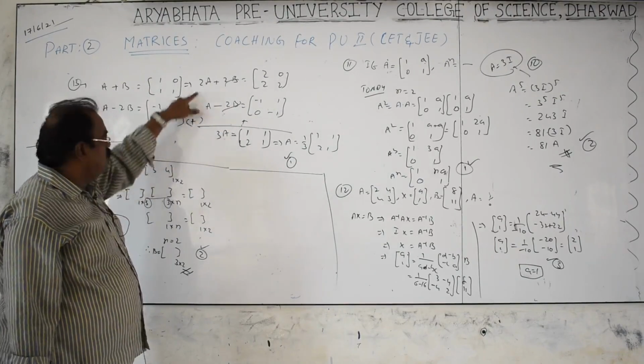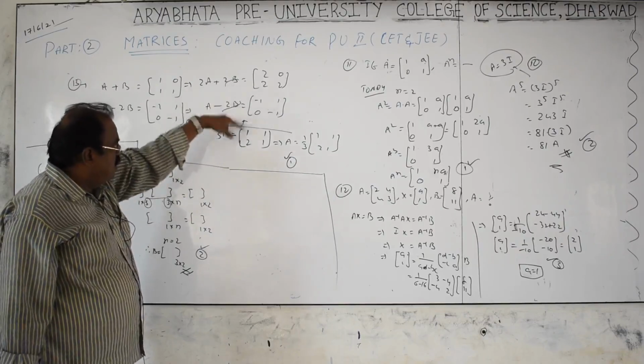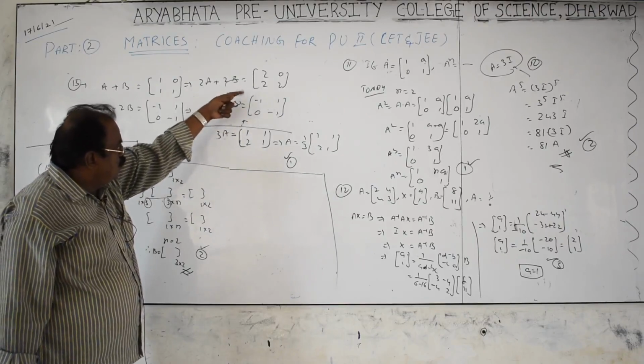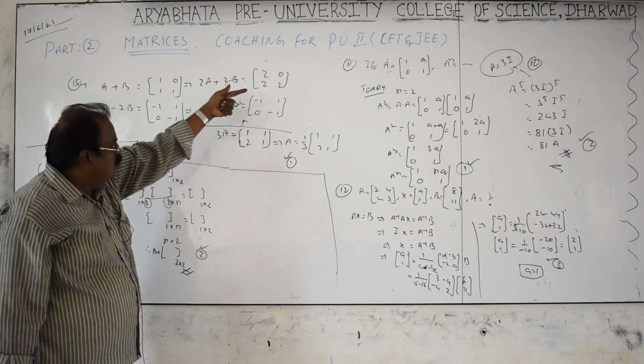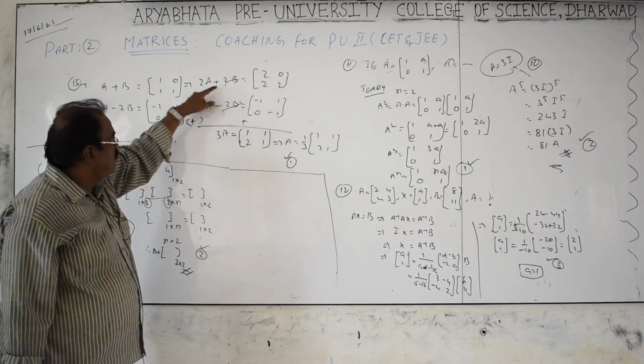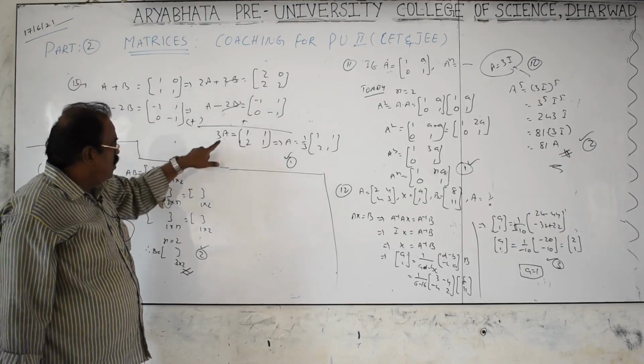When we add the two equations, 2B cancels, and 2A plus A is 3A. For the matrices, 2 minus 1 is 1, and 0, 1. Not minus, we have to add, otherwise it will not cancel. We will get [1 1; 2 2].